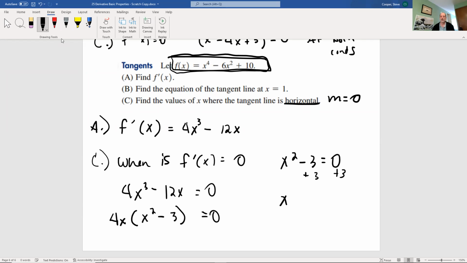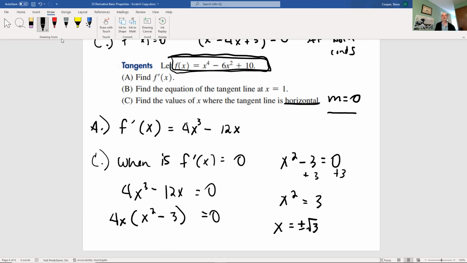Well, that happens when x squared equals 3, or x is equal to plus and minus the square root of 3. Okay, so if we put that into GeoGebra, like I like to do in class sometimes, and we ask for the tangents at positive and negative square roots of 3, we're going to get horizontal lines for the tangents, both places.